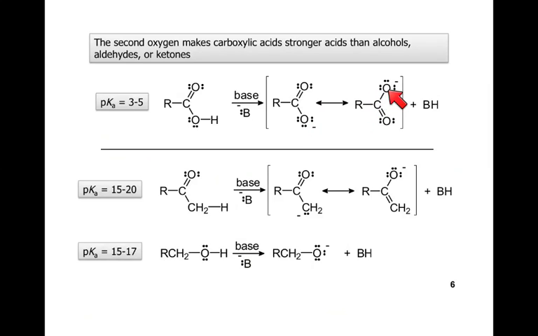In contrast, the conjugate base of an aldehyde or ketone, while it is stabilized by resonance, has resonance structures that are non-equivalent. In one of these we have negative charge on carbon, and in the other we have negative charge on oxygen. Certainly negative charge on oxygen is more stable, since it's more electronegative, but negative charge on carbon would be less stable.